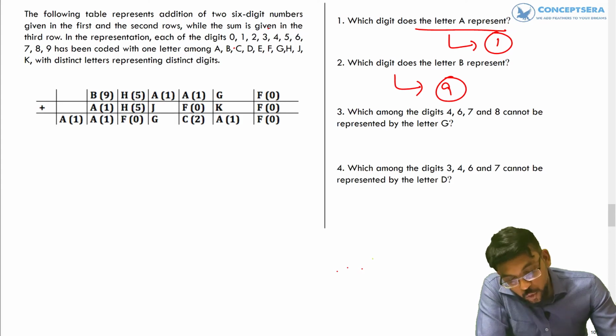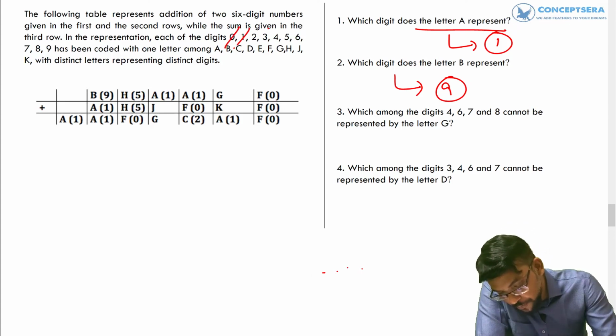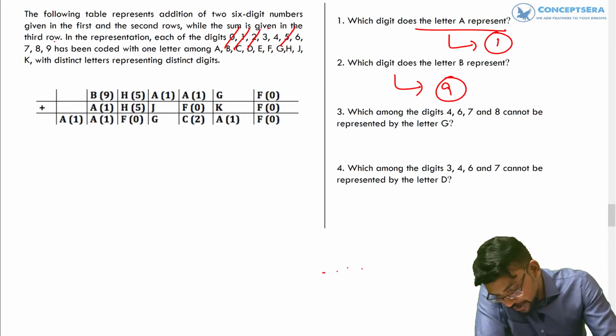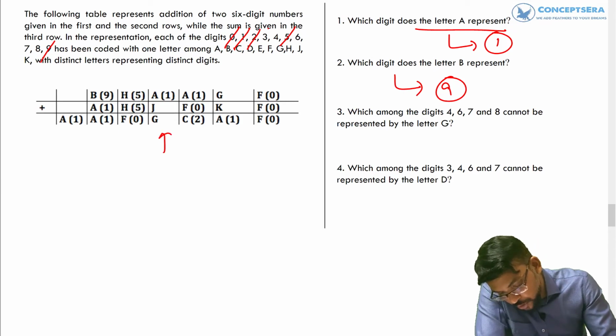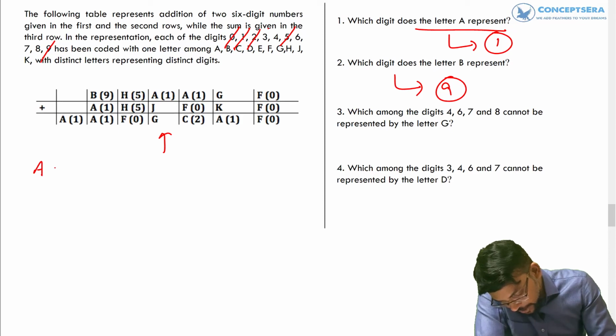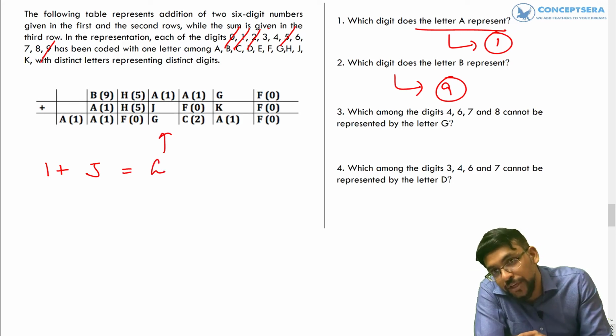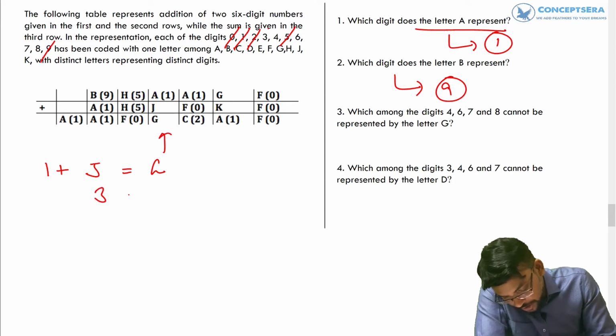The third question is: which among the digits 4, 6, 7 and 8 cannot be represented by G? We have already used 0, 1, 2, 5 and 9, so we are left with 3, 4, 6, 7 and 8. If we look at this fourth row, it says A, which is 1, plus J is equal to G, and J has to be one of the remaining digits. If J is equal to 3, then G can be 4, a possible case.